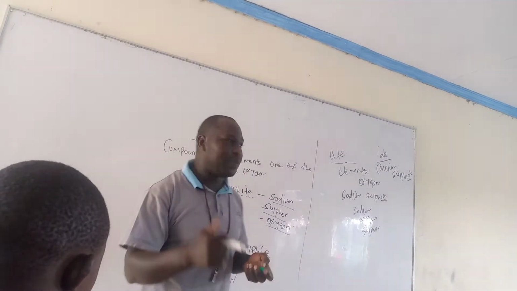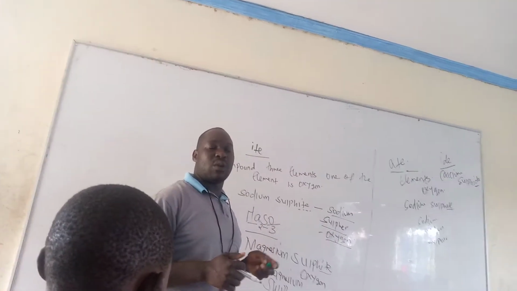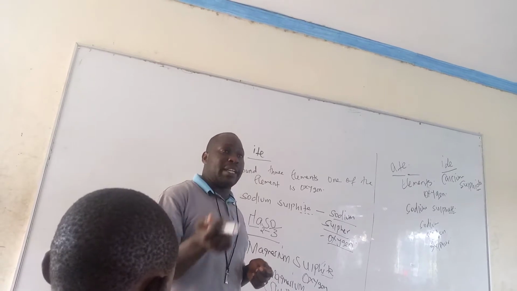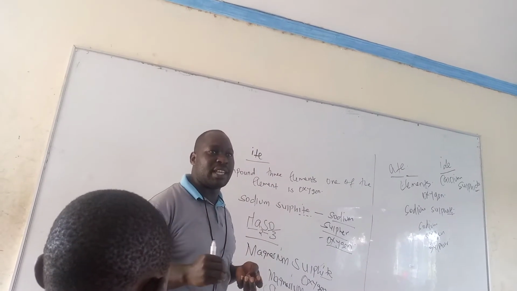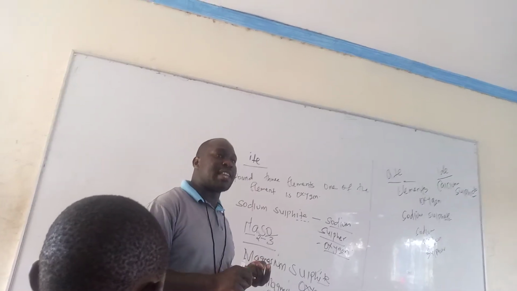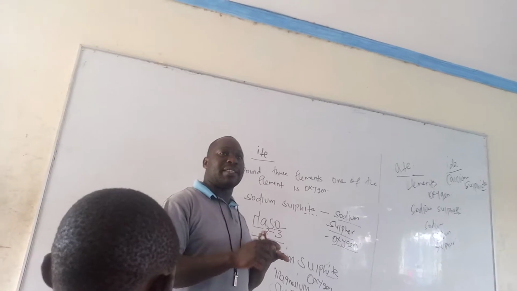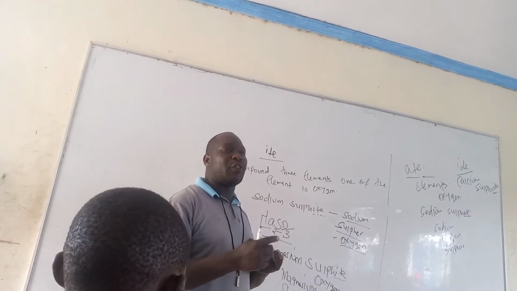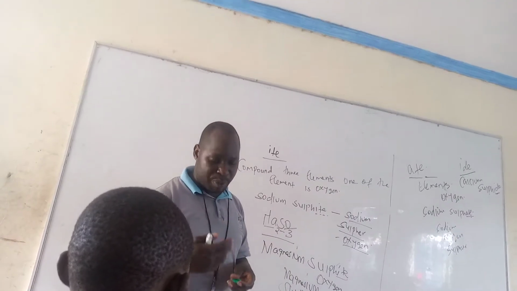You need to know the ending as far as the compound is concerned. But the bottom line is, you need to understand all the terminologies we have talked about. You need to understand what an atom is, what an element is, what a molecule is, and finally what a compound is, for you to be safe.